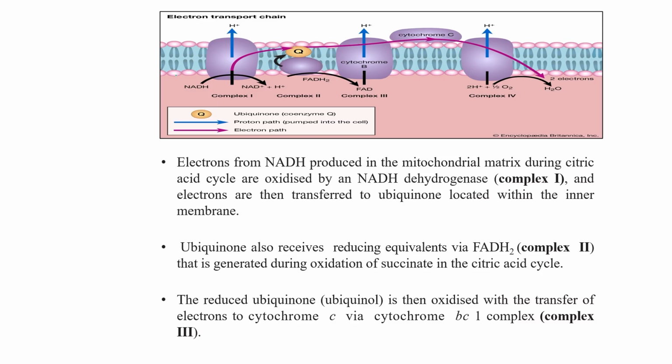This is the inner membrane of the mitochondria, and the electron transport chain contains many carrier molecules: complex 1, complex 2, complex 3, complex 4. Some molecules, like cytochrome C, act as mobile carriers. Just now we discussed the citric acid cycle, where NADH and FADH2 are generated in the mitochondrial matrix.